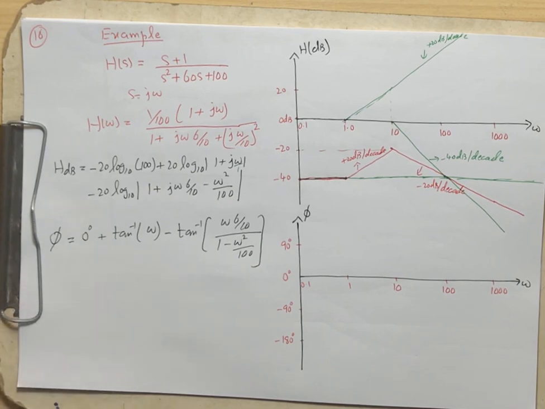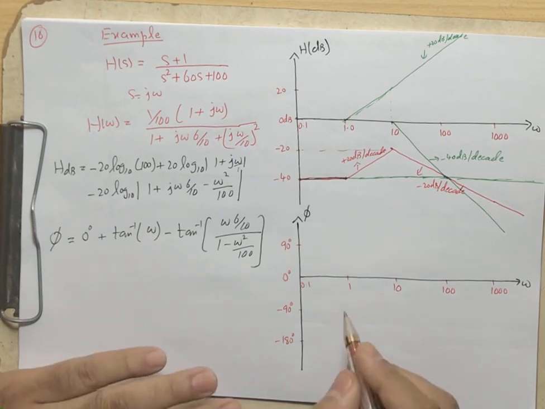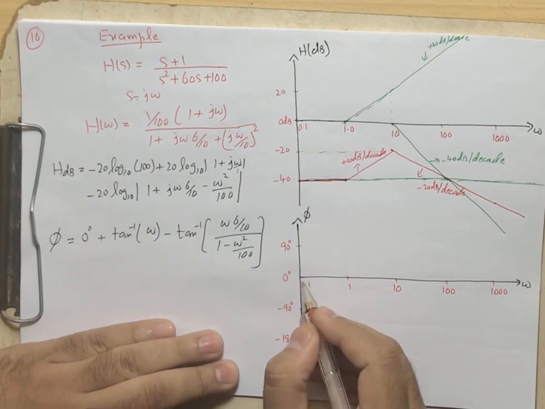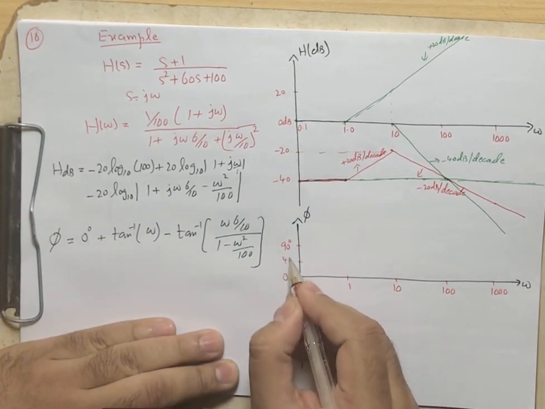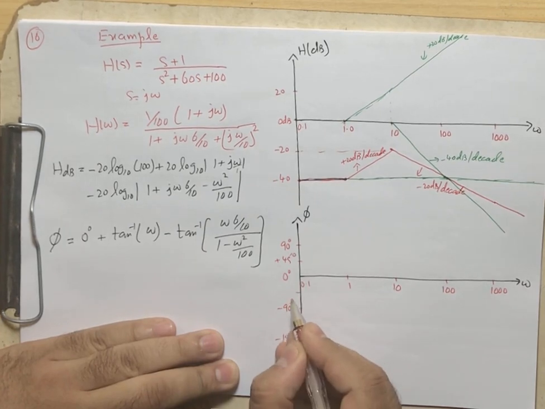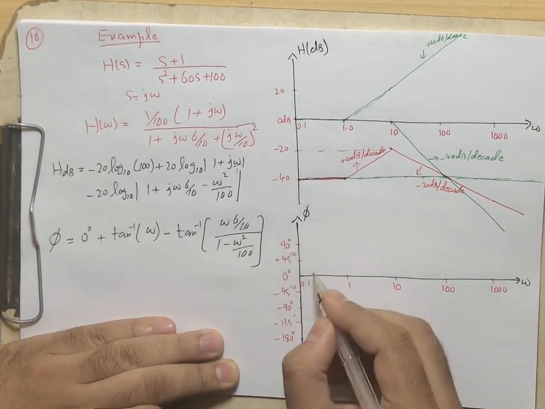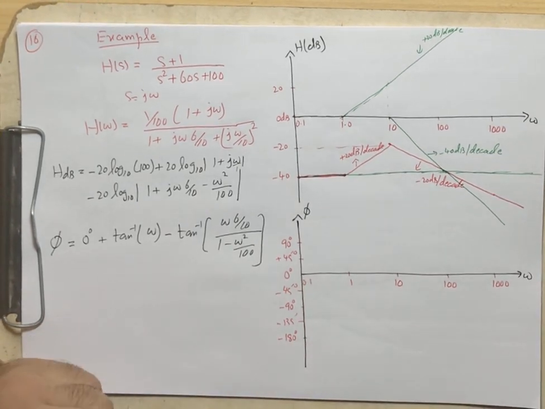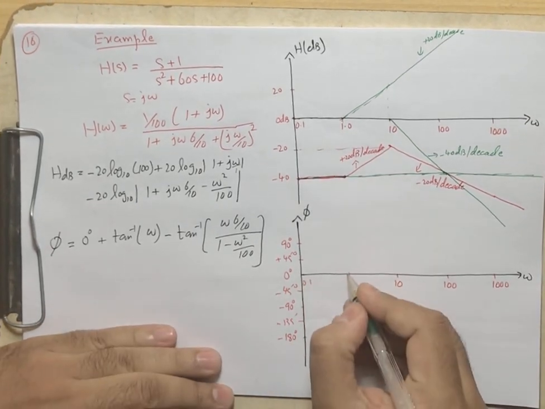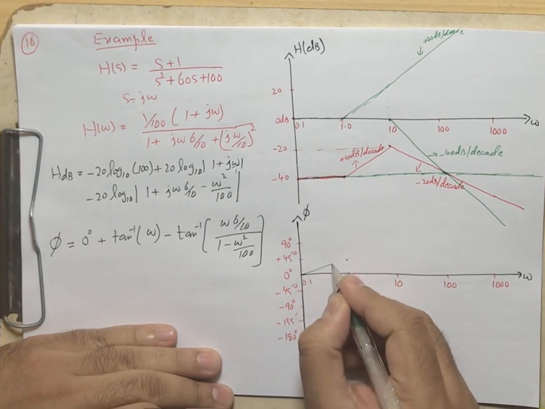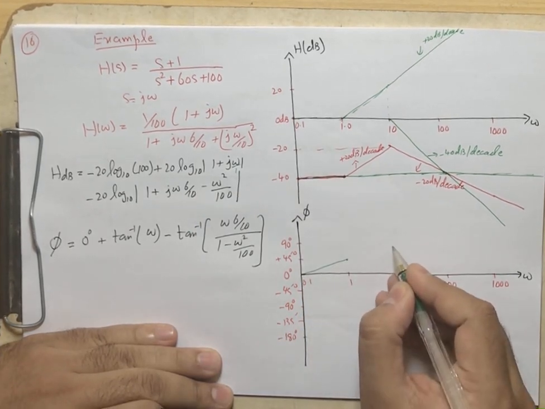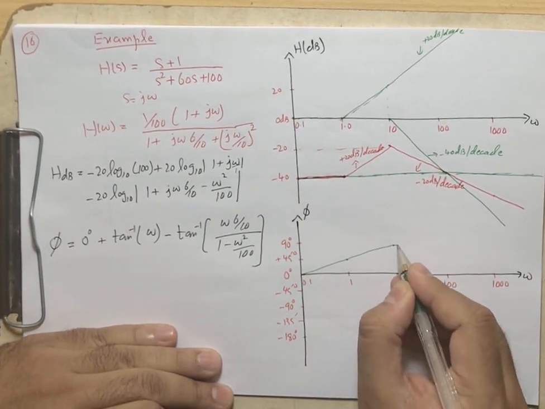And now for the phase, you have 0 and you have omega over here, and omega is equal to 1. So from this, angle 45 degrees positive, this is minus 45 degrees, minus 135 degrees. So from here to here, then at 10 it reaches 90, and it will be 90.